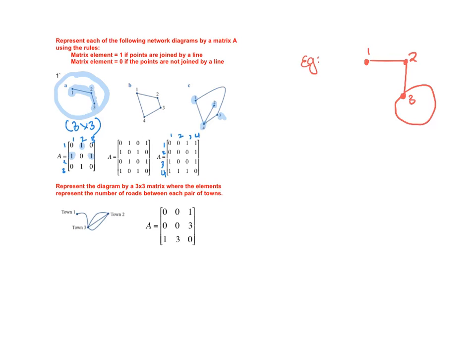So for this one, if I was drawing it, I'd do a 3 by 3. So 1, 2, 3, 1, 2, 3. Between 1 and 1, nothing. Between 1 and 2, 1. Then nothing. 3 and 1 is nothing. 3 and 2 is 1. And between 3 and 3, there is 1. Okay? So that's that one.